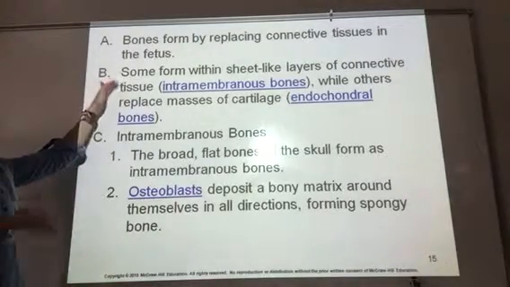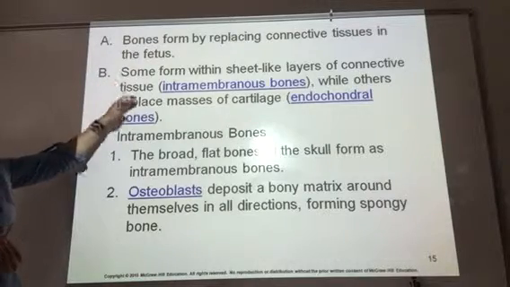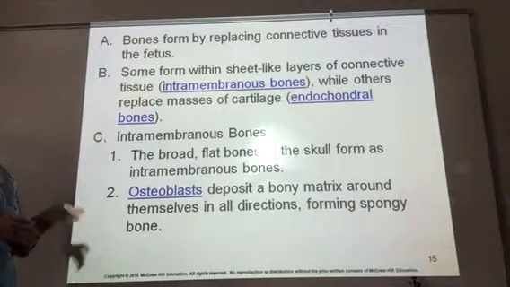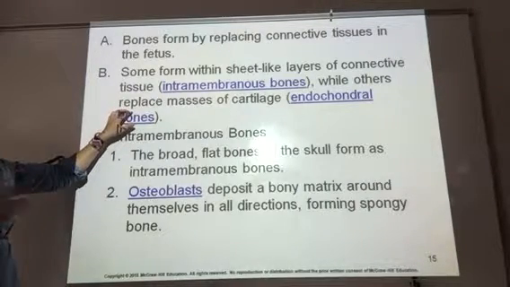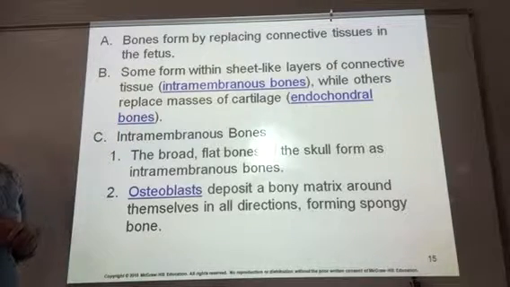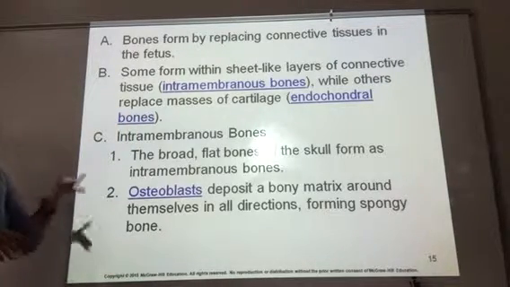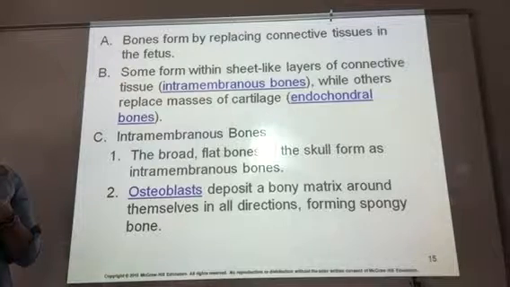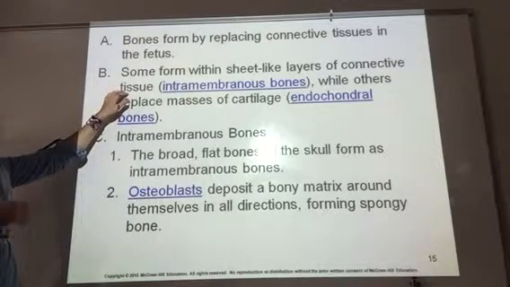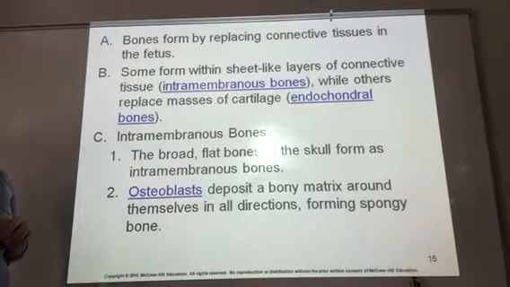Some are going to form with sheet-like layers, and that's going to be intramembranous bones, while others are going to be called endochondral bones, where they're going to replace cartilage. So chondro deals with cartilage. It's going to replace cartilage. Intramembranous is going to be layers of connective tissue.